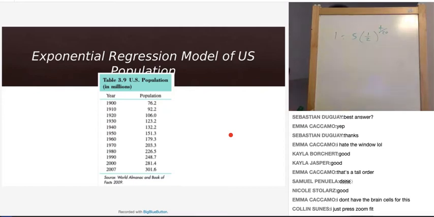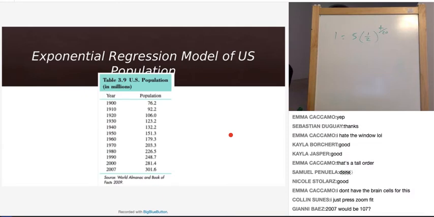Remember, we're doing exponential regression here. Yep, that's right.